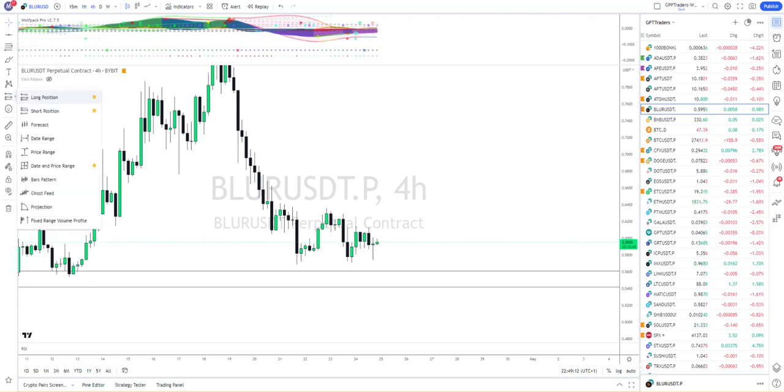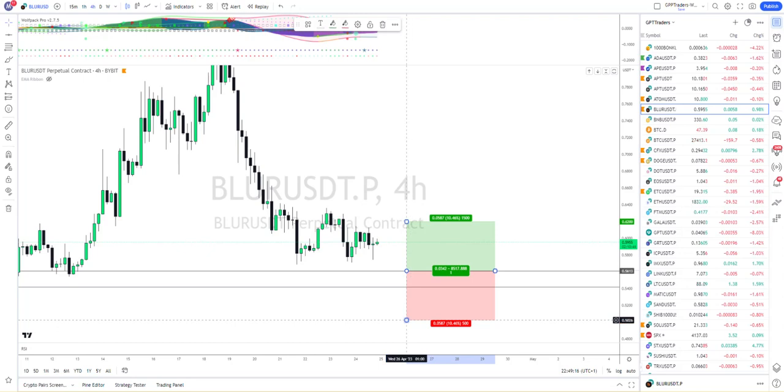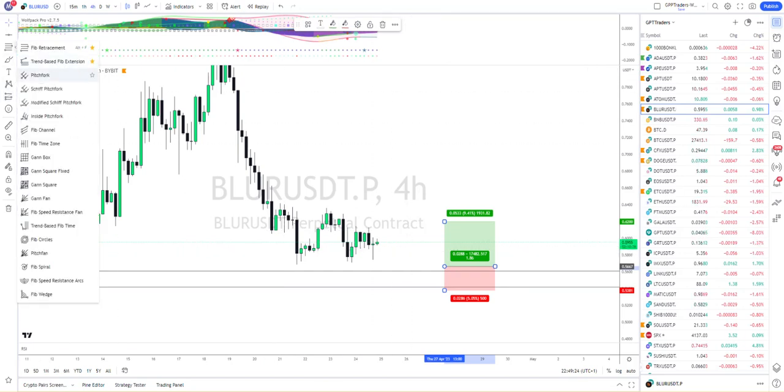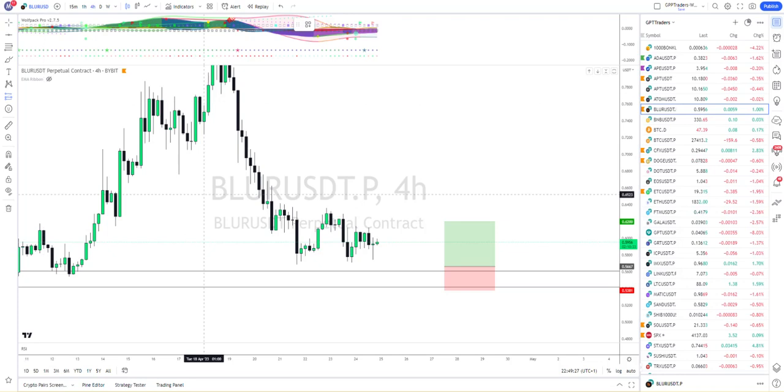From an entry perspective, we are looking to go long, and our ideal setup is somewhere around here. If price doesn't come back, then we would be looking at a setup around about here.